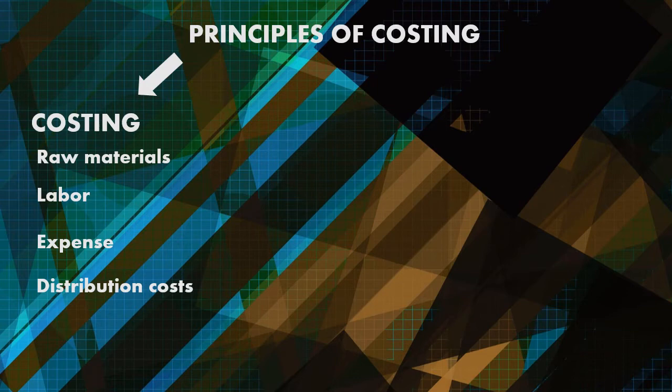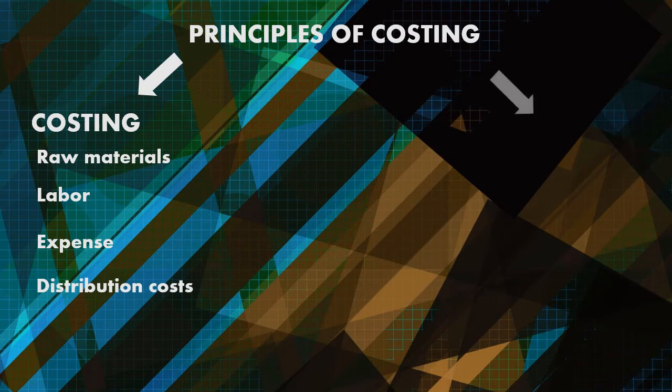Now, the cost can easily be traced to a product, department, or project. In other words, costing is any system for assigning costs to an element of a business. It is typically used to develop costs for any or all of the following, for example, customers, distribution channels, and others.